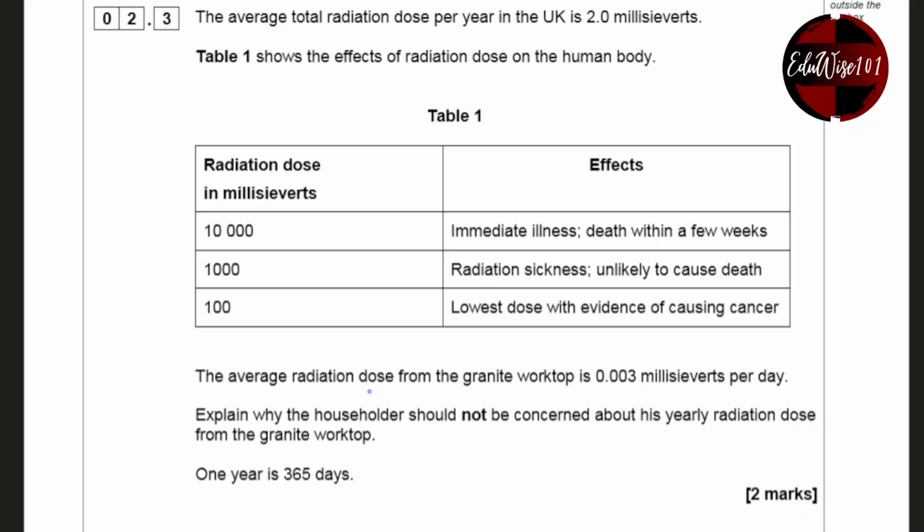The average radiation dose from the granite worktop is 0.003 millisieverts per day. Explain why the householder should not be concerned about his yearly radiation dose from the granite worktop.